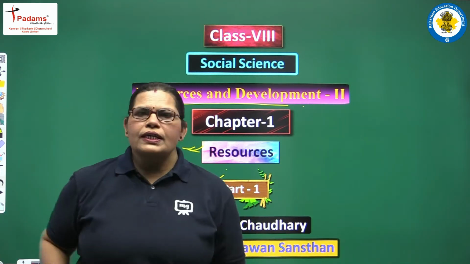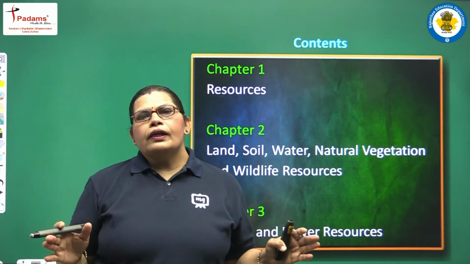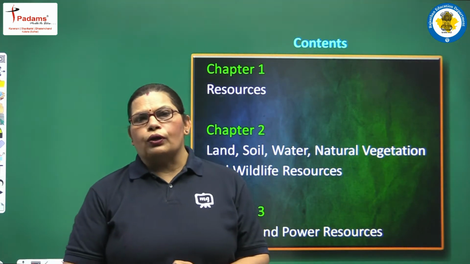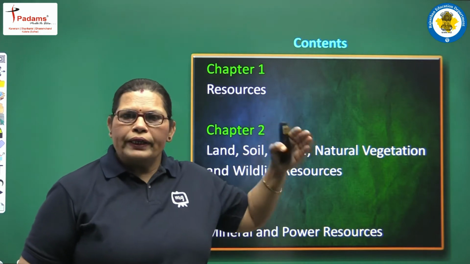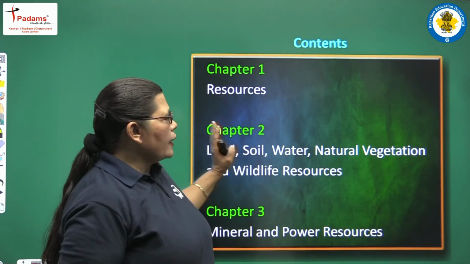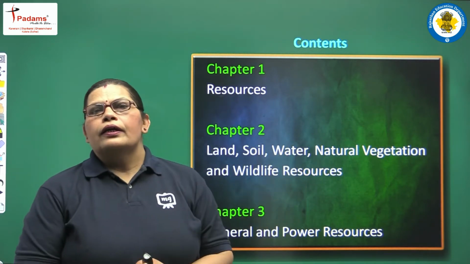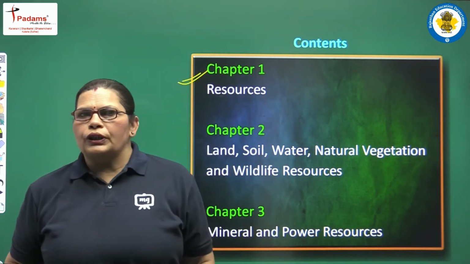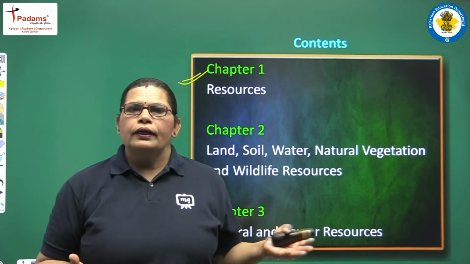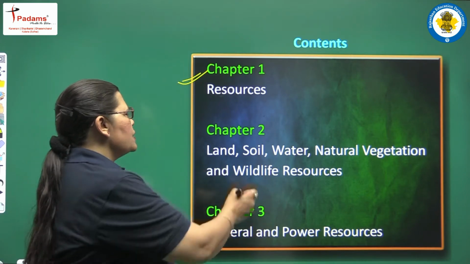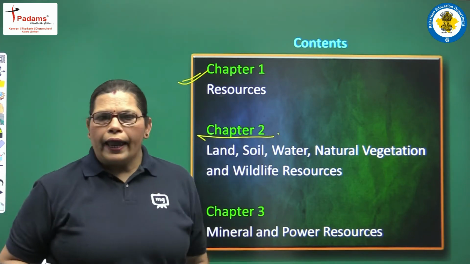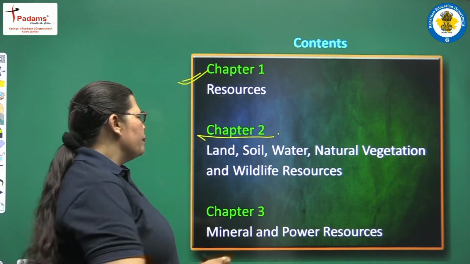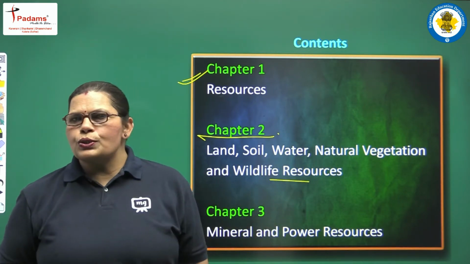And in this part, first of all, we will introduce you to the content portion of this book. Which chapter, how many chapters, and what are the names of the chapters in our new book. See here, the first chapter contains the resources chapter, which we are pursuing in this part. The next chapter's name is land, soil, water, natural vegetation and wildlife resources.